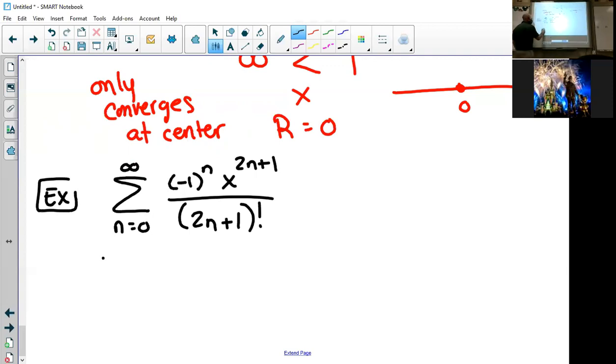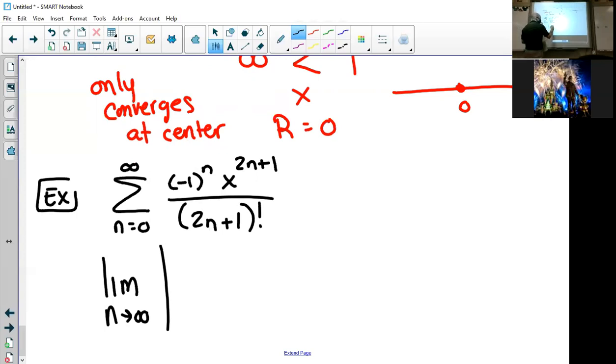Now, one of the big things about the ratio test, there's a reason there is the absolute value. We don't have to put the -1 to the nth power, because that's the thing that's changing it from positive, negative, positive, negative. With the absolute values around it, we don't have to put that because it goes away.